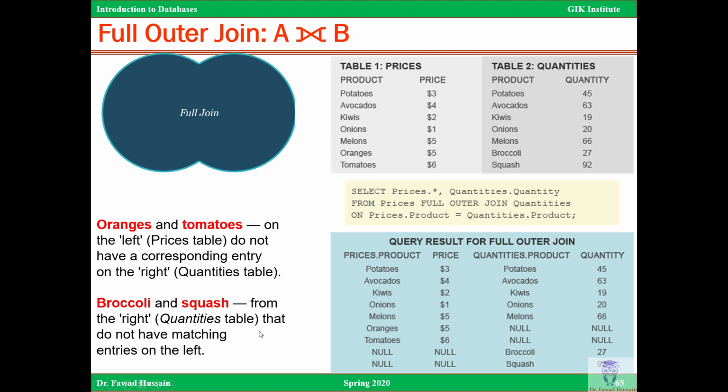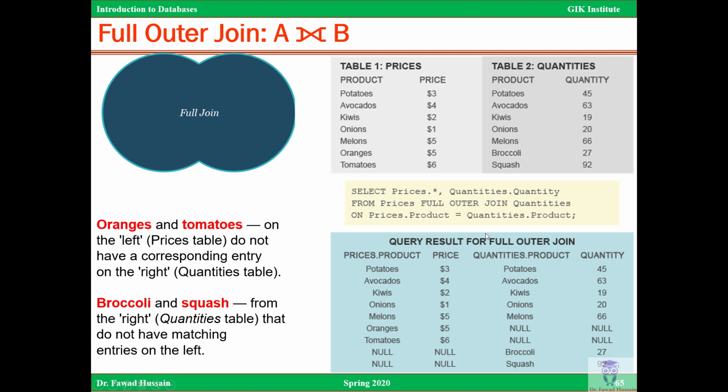So let's move on to our other example. So we have oranges and tomatoes and broccoli and squash. For oranges and tomatoes, we include these rows with the null on this side, and for broccoli and squash, we include the rows here with null on this side.